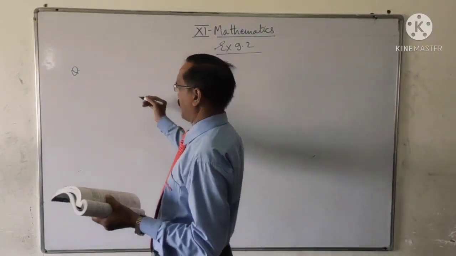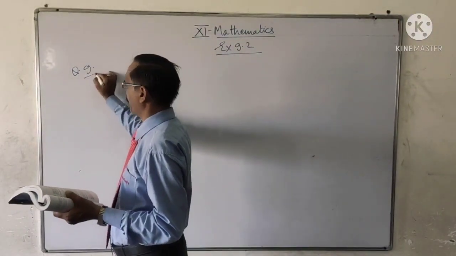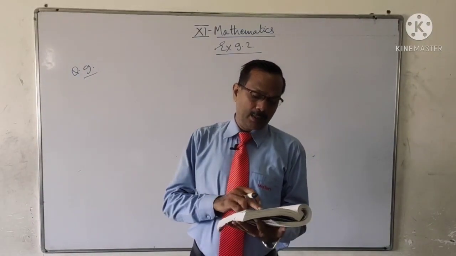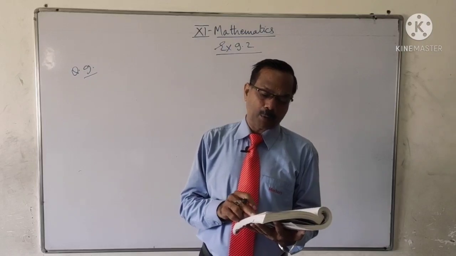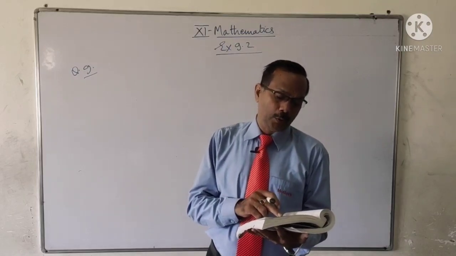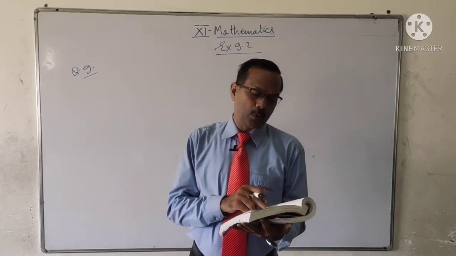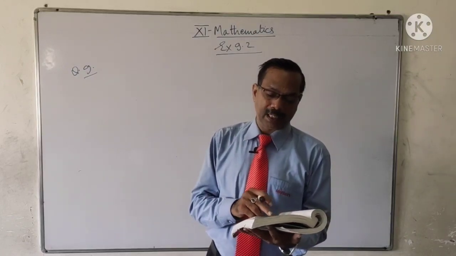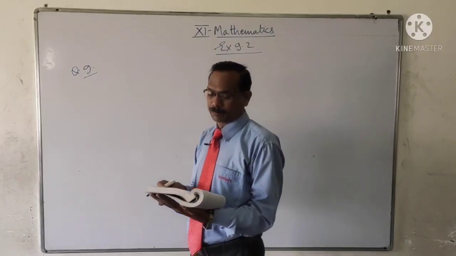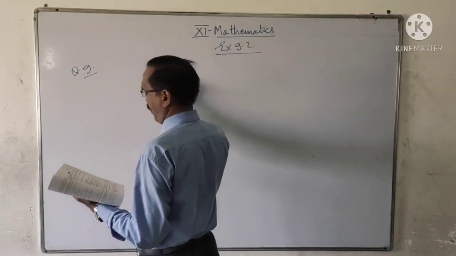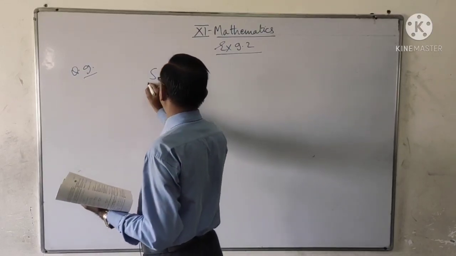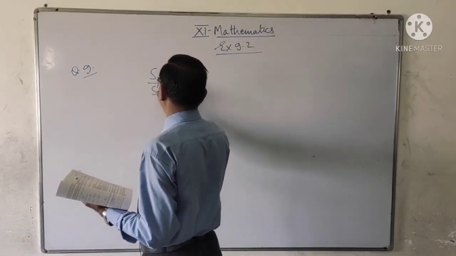Now students, next question number 9. Here the sums of n terms of two arithmetic progressions are in the ratio 5n plus 4 is to 9n plus 6. Find the ratio of their 18th terms. So here, the sums of n terms of the 2 APs, let them be Sn and Sn dash.